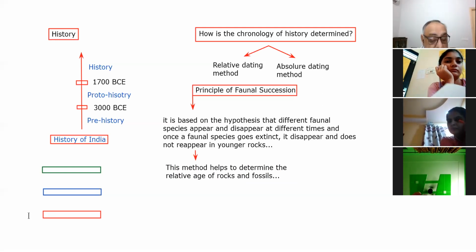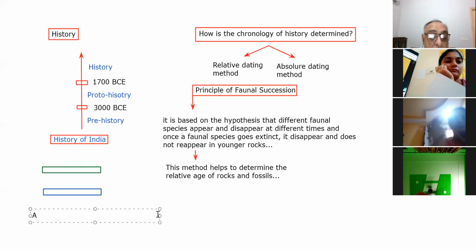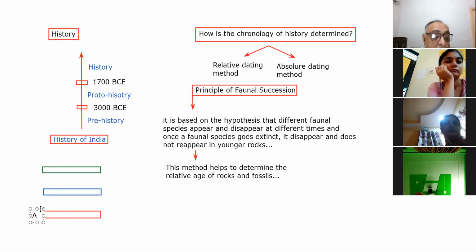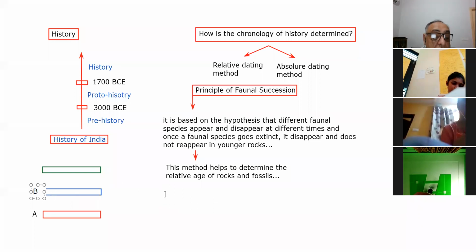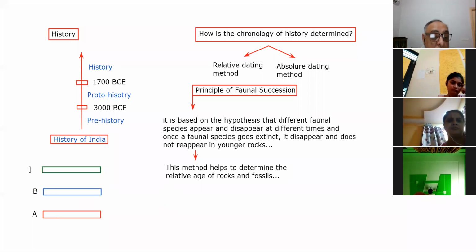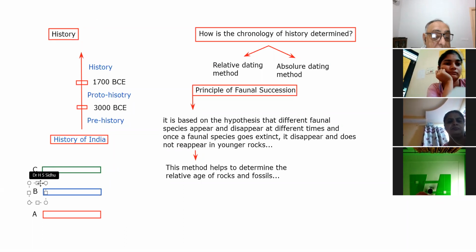This is, let's suppose, A. This is B. And this is C. So like this, different periods of assemblage are there. So these are the marks.